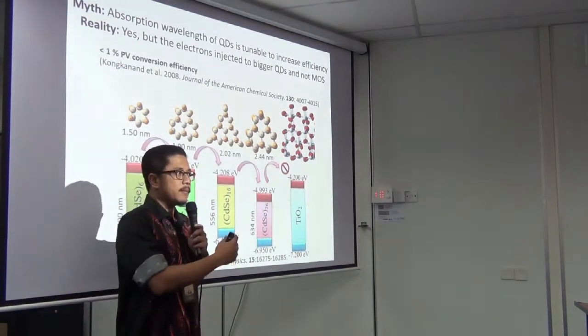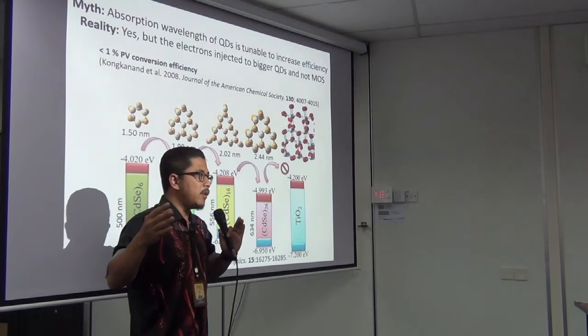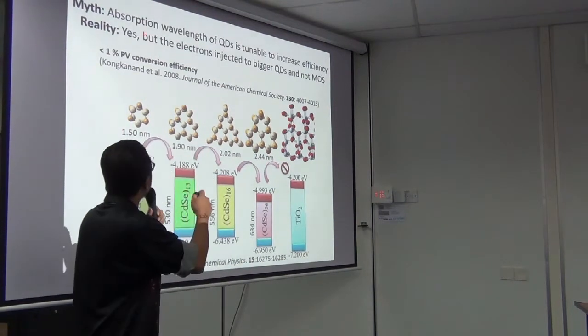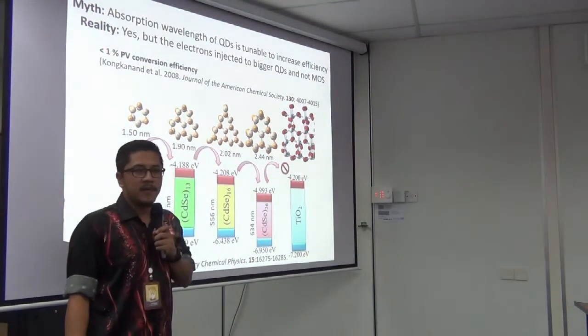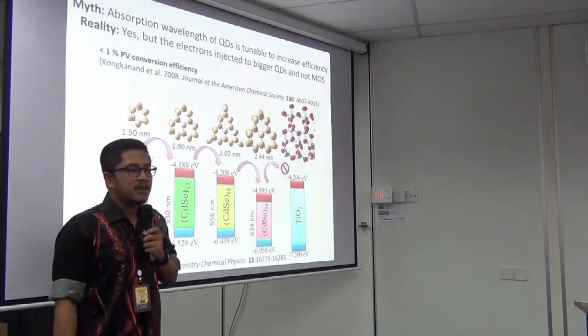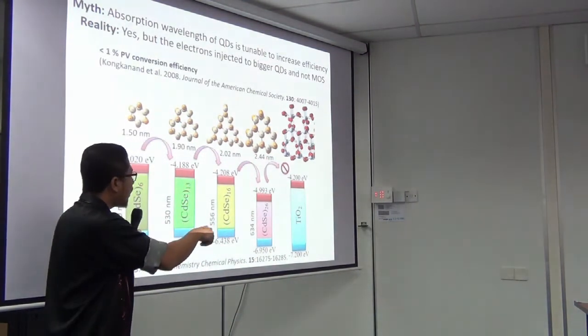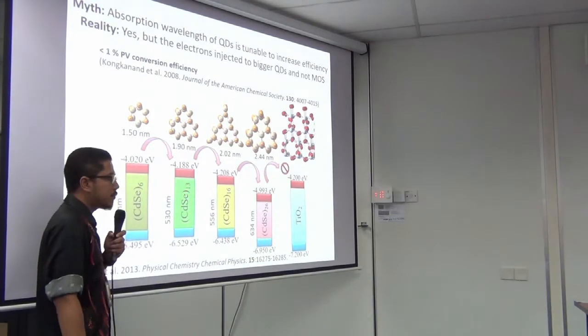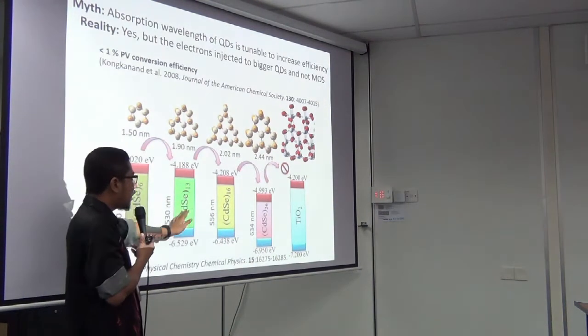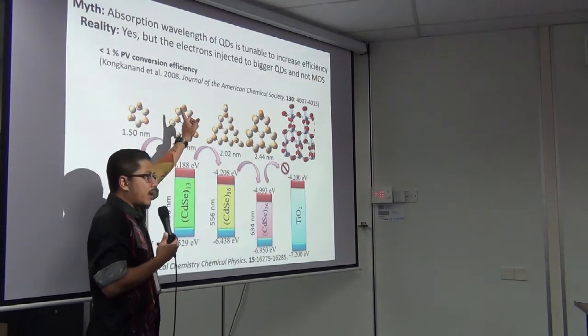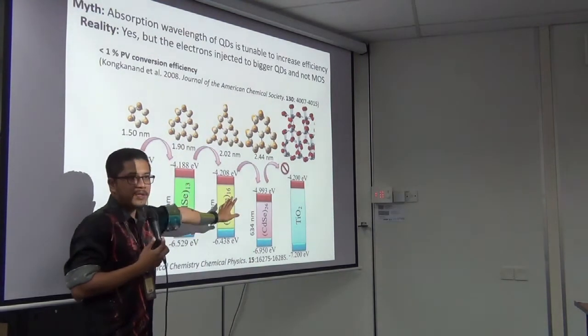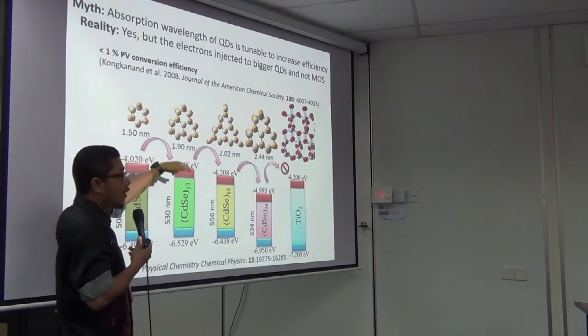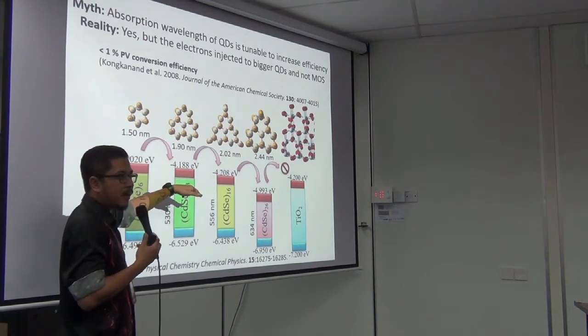So if the absorption cross-section has already been widened, why did he only get less than 1% efficiency? The story is like this. Back to the energy level alignment. These are the energy level alignments. This guy doesn't know the drawback of his device, and the drawback was revealed by my team.